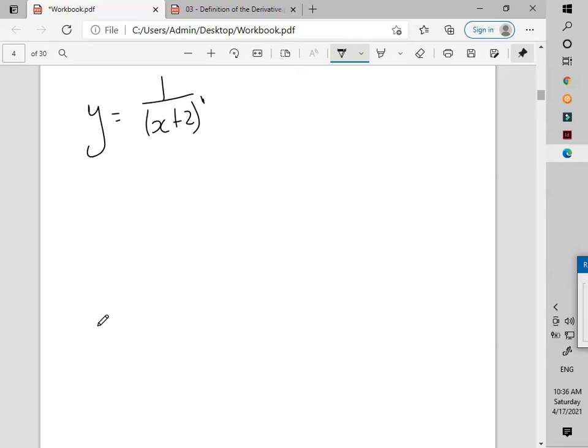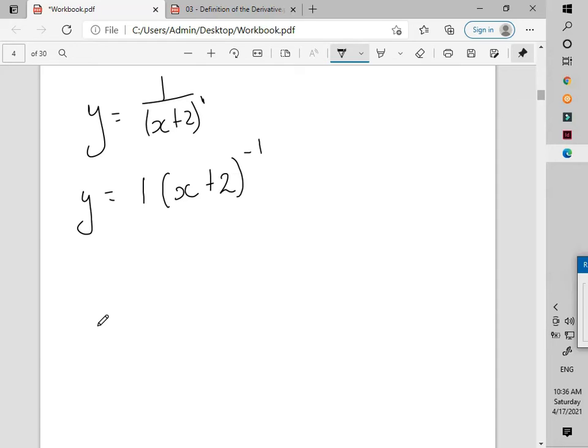Power here is going to be 1. So in rewriting it, I'll have 1 bracket x plus 2. Now since it's moving from the denominator to the numerator, minus 1.